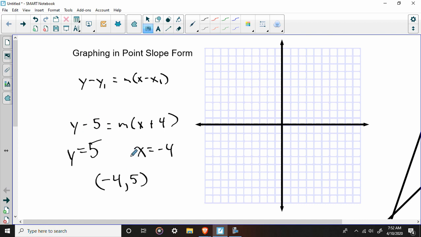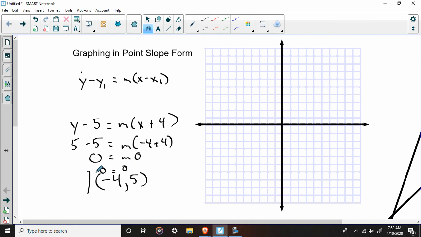I'm going to leave the slope as m because it doesn't matter what the slope is. So 5 minus 5 is equal to m times -4 plus 4. This is 0, and this is m times 0, which is 0. So you have a point that satisfies the equation.